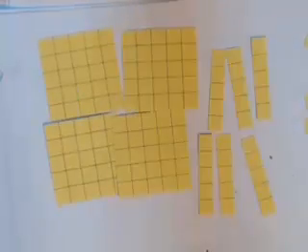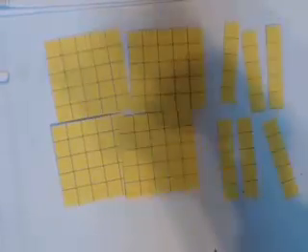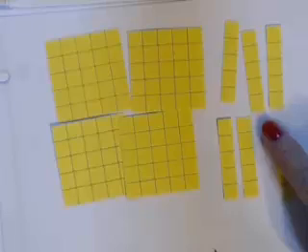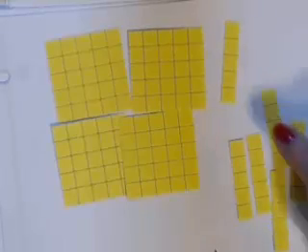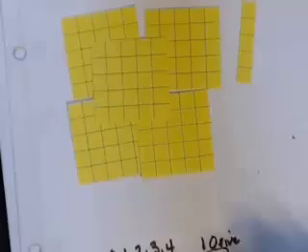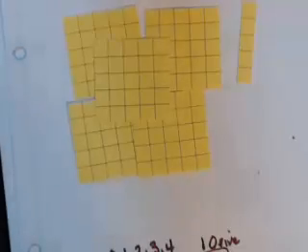Now when I get to the longs, if I have 5 longs, they make a flat. So I take 5 longs and replace them with a flat. And now if I have 5 flats, that's going to make a long flat. I take 1, 2, 3, 4, 5 and I now have a long flat.